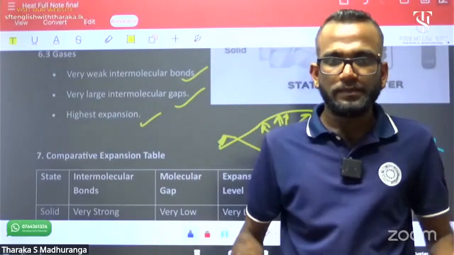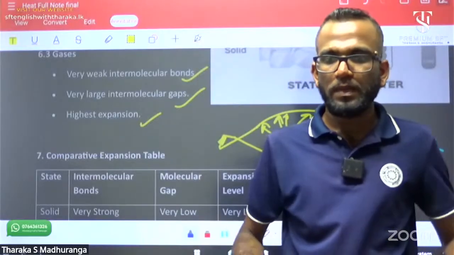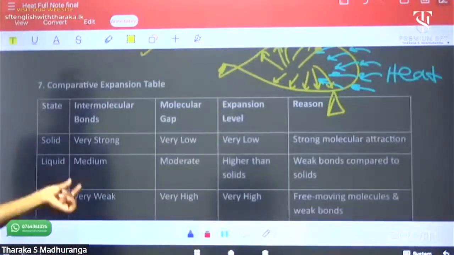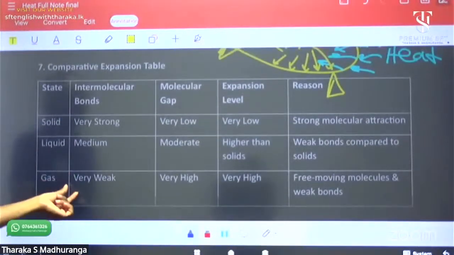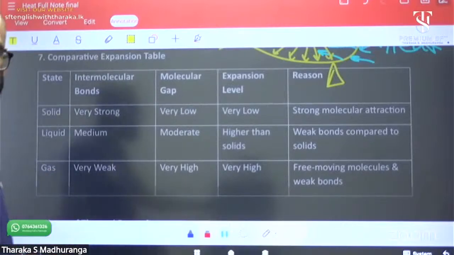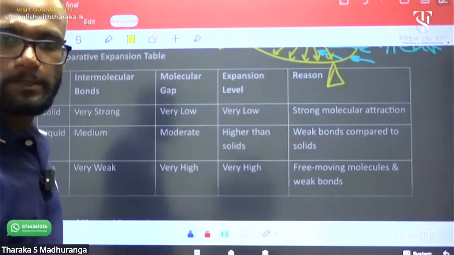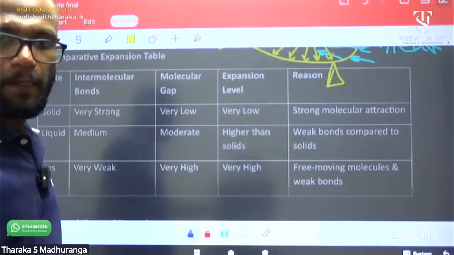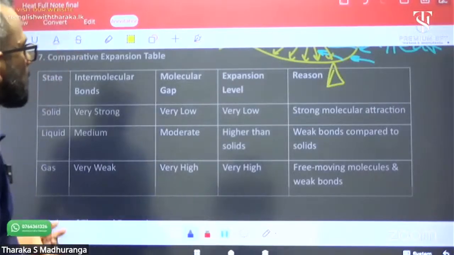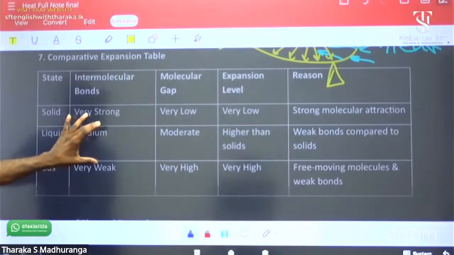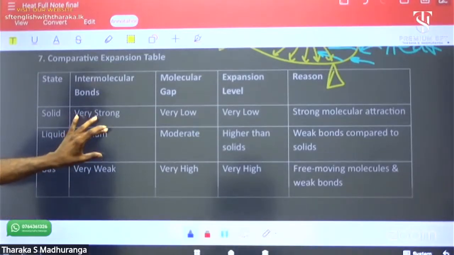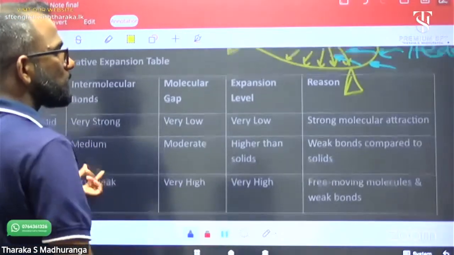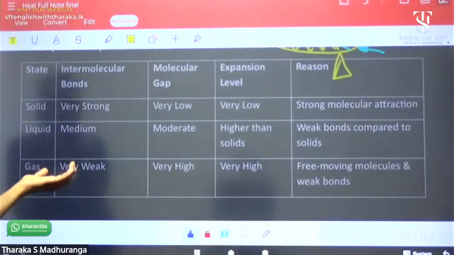Understood? Okay, that's actually the comparison.